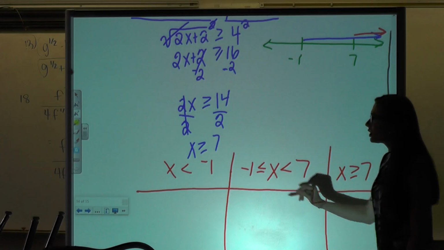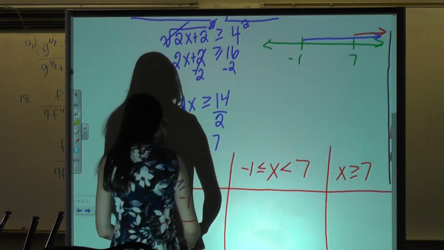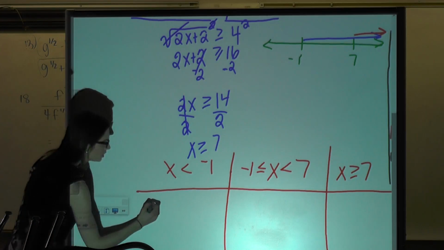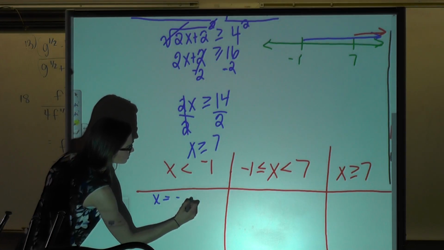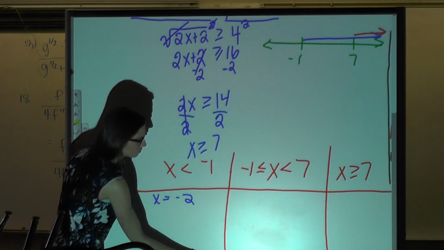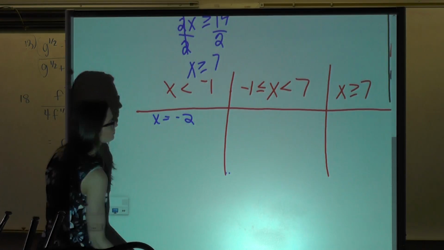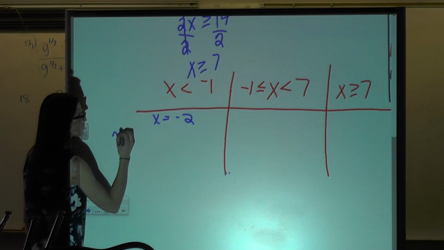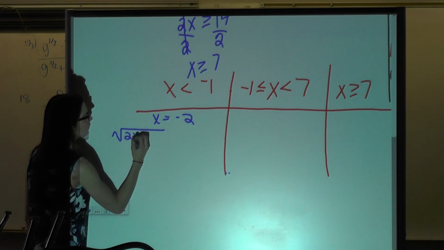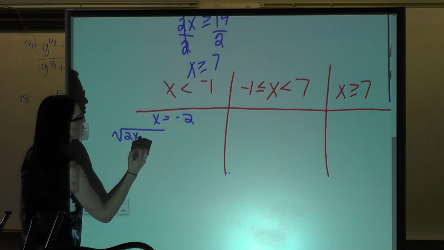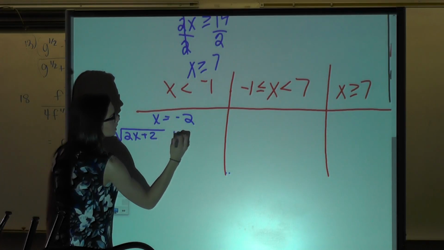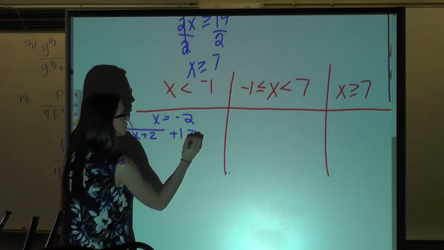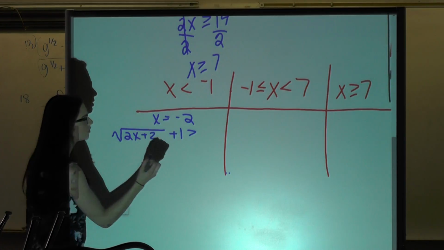So pick a value that is less than -1. I'm going to let you guys pick. -2. He says x equals -2. We're going to plug it into our equation. Square root of 2x plus 2 plus 1 is greater than or equal to 5.